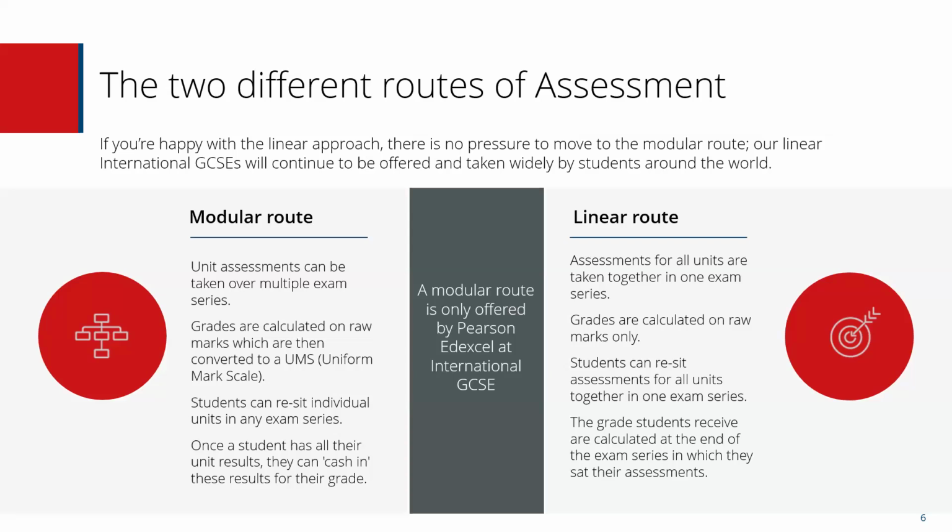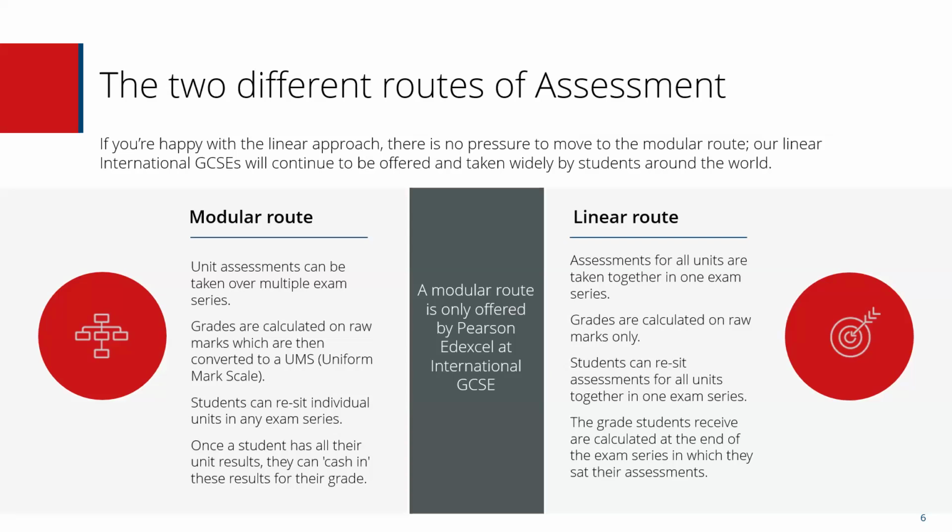So a modular route is only offered by Pearson at International GCSE. So we're the only exam board that offers that choice of linear routes or modular routes. If you're happy with the linear approach and you're doing that, there's no pressure to move to modular. The linear IGCSEs will continue to be offered. They're taken widely by students right around the world.